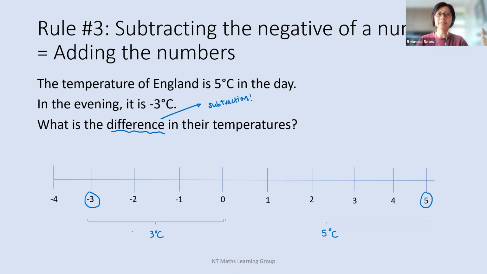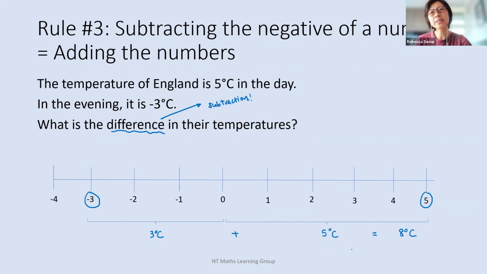So altogether, what is this range of temperature? You have 3 units below 0 degrees Celsius and 5 units above 0 degrees Celsius. Added together, we will actually give you 8 degrees Celsius.